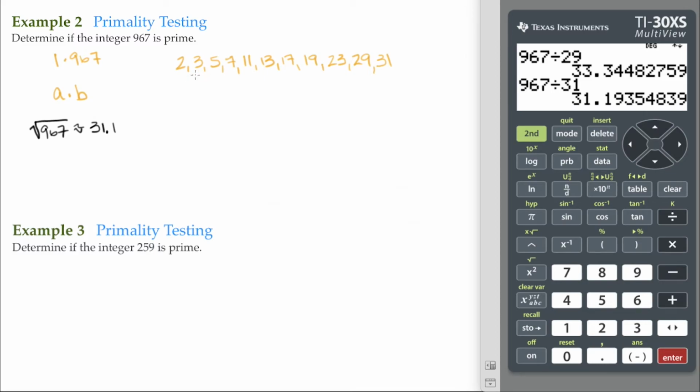So none of these primes divide into 967. So therefore, there are no other factors for 967 other than 1 and itself. So since there are no other factors, then we could say that 967 is a prime number.